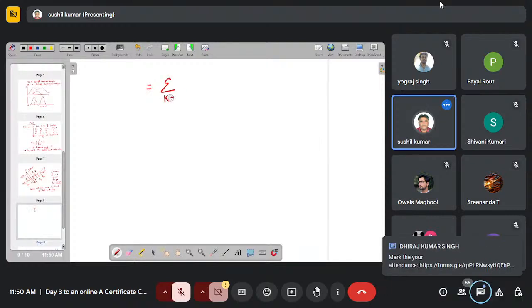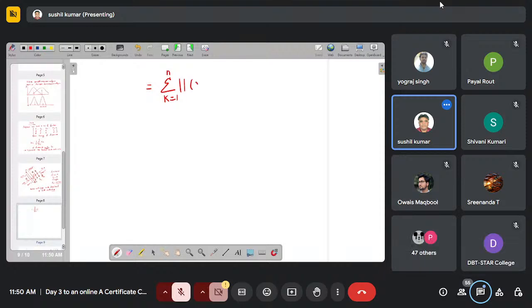sum over k is equal to 1 to n of the equation of the vector, m plus a k e, minus x of k, and whole square. Why am I writing whole square? This is MSE actually, mean square error.